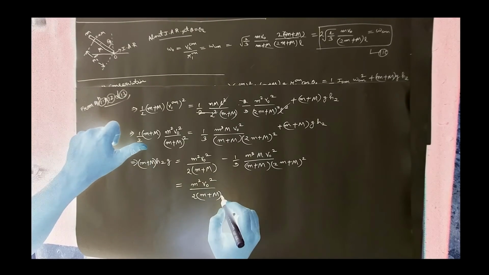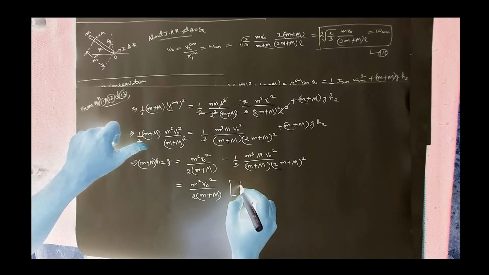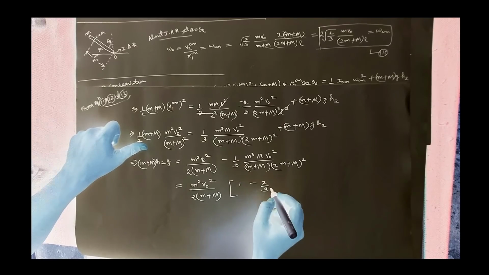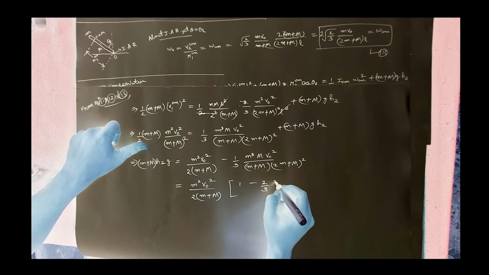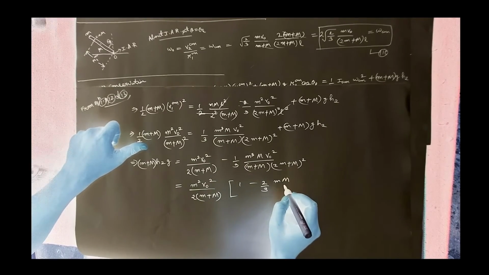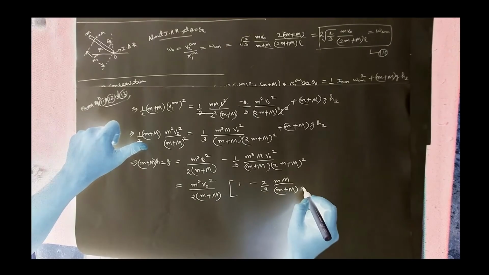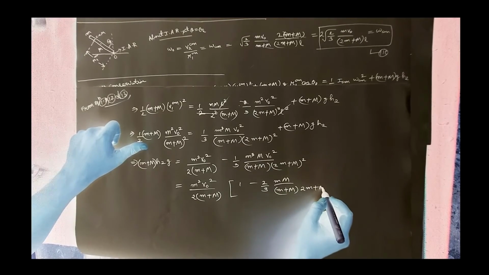Okay, what I will get: 1 minus 2 by 3 small m capital M divided by (small m plus capital M)(2 small m plus capital M).